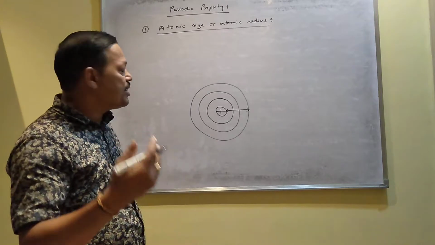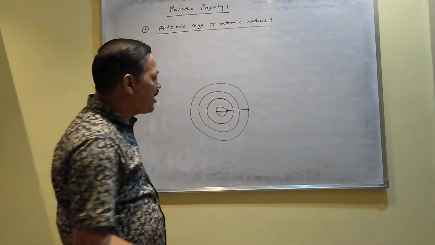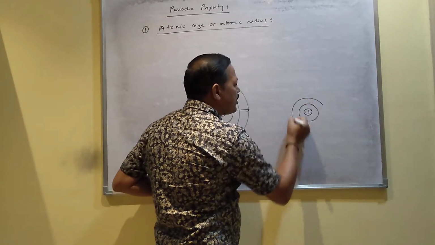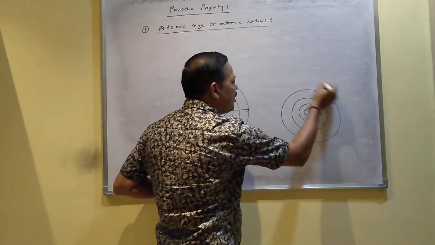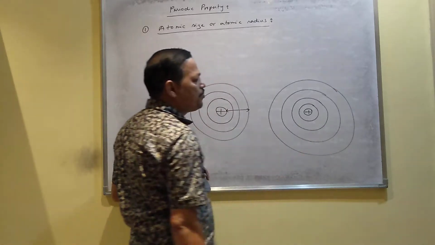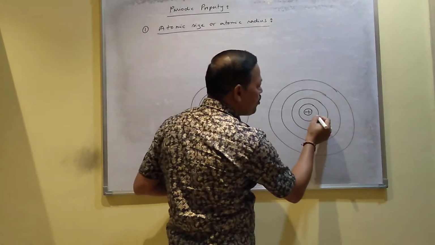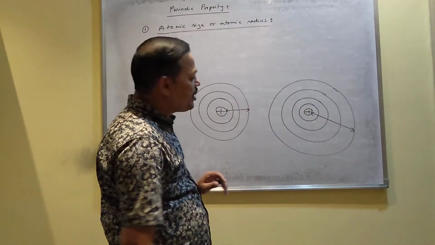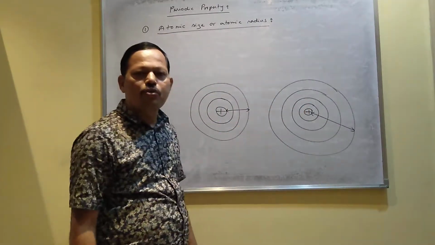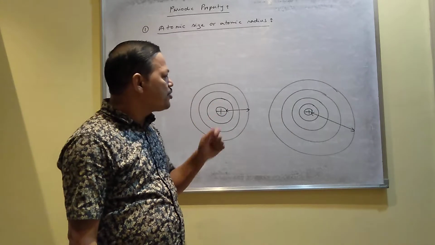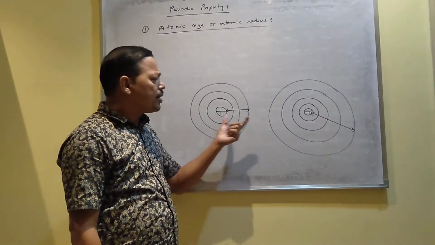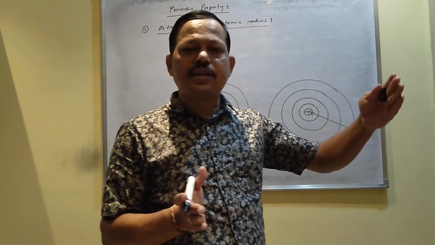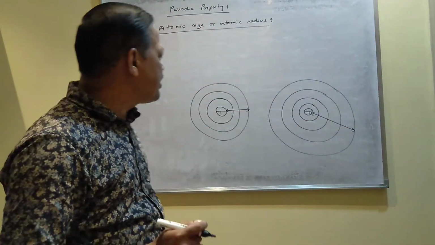Similarly, if an atom contains a fourth shell, then the radius will be from the nucleus to the fourth shell. So as the shell number goes on increasing, the radius of the atom also increases, and that is why the size of the atom also increases.